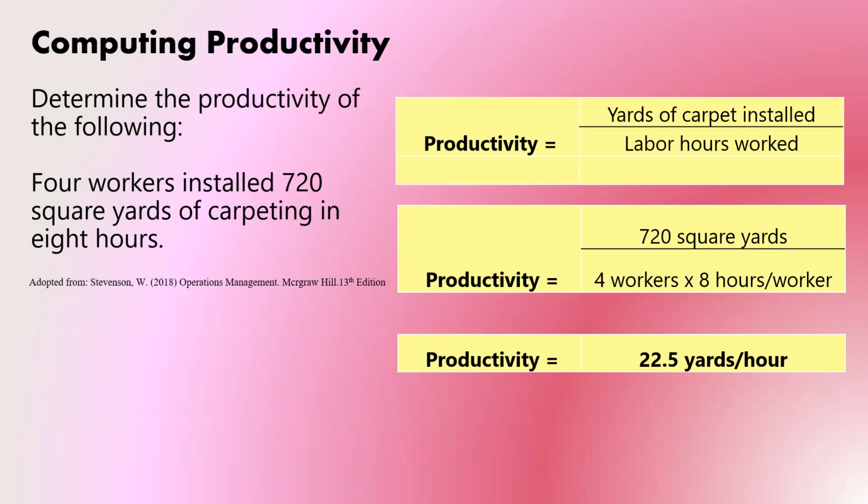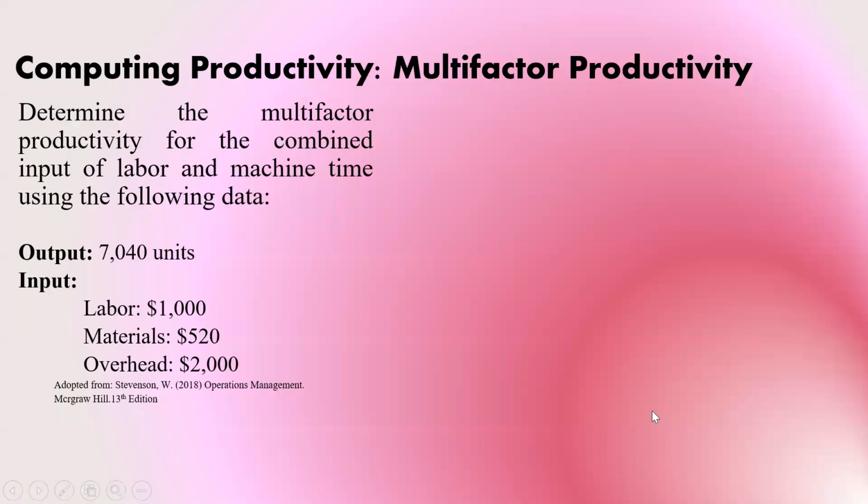They carpeted 22.5 yards of floor area in 1 hour, and in 8 hours they did the 720. So make sure, guys, a reminder: never forget the unit of measure when you solve a problem, because if you just put 22.5, of what? So don't forget the unit of measure.